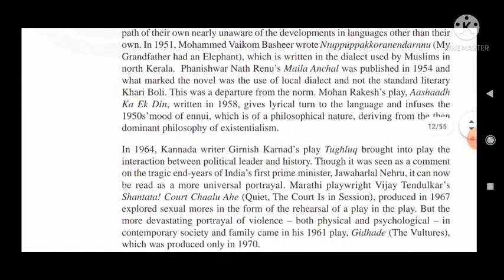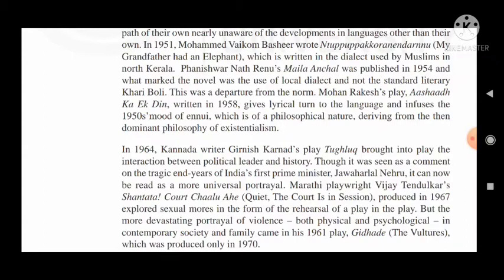It was written by Muhammad Basheer in Kerala, 1951. Nittuppuppakkoranendarunnu, you can remember.